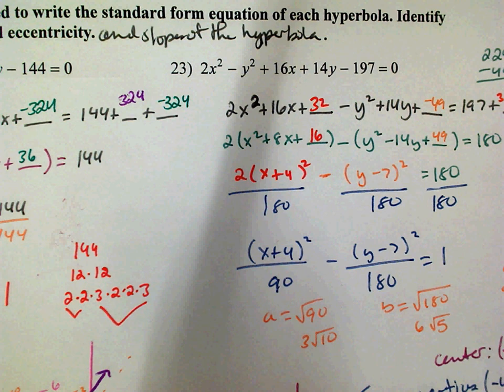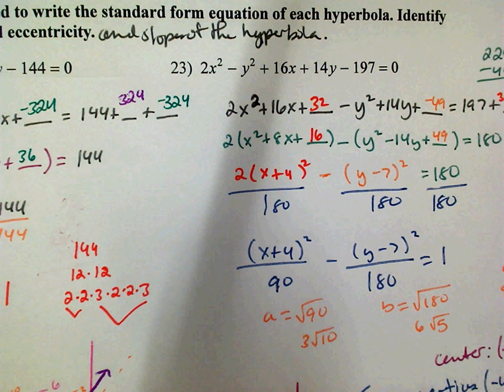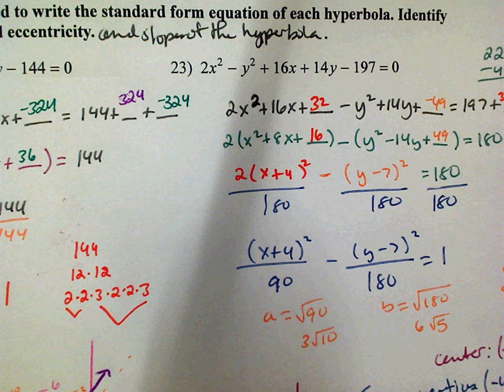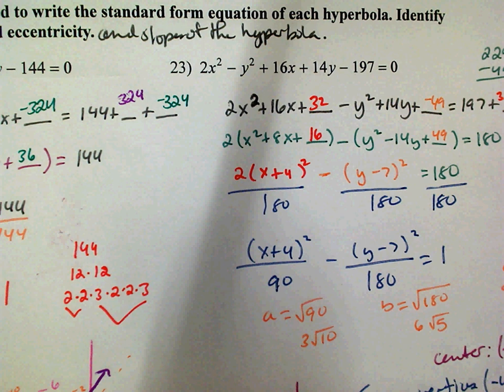So this would be negative 4 plus and minus, so foci also, the same thing that changes for the vertices changes for the foci. So plus and minus 3 root 30, comma 7.